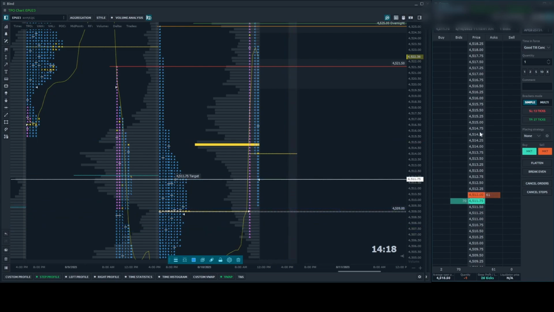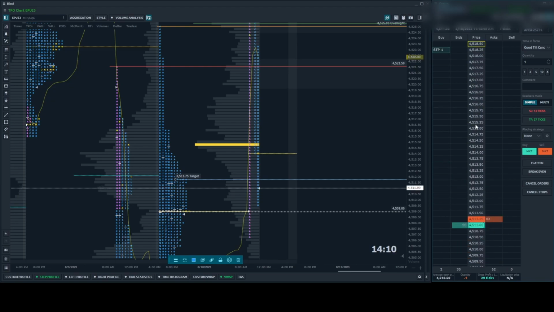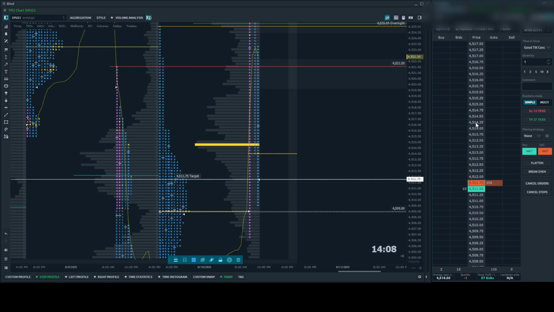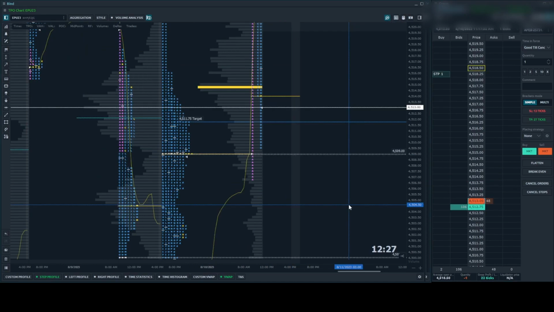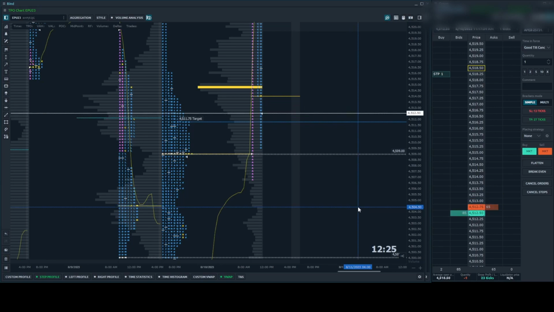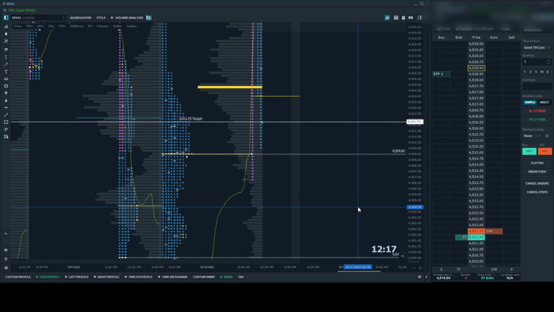Now you can bring your stop down again. Really think this is going to break, but I have been wrong before.